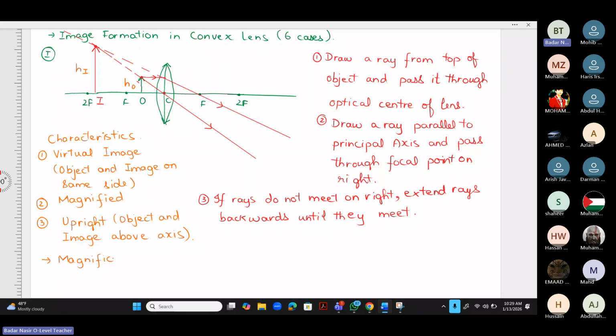Magnification, we denote the magnification with M, and that is image height over object height.